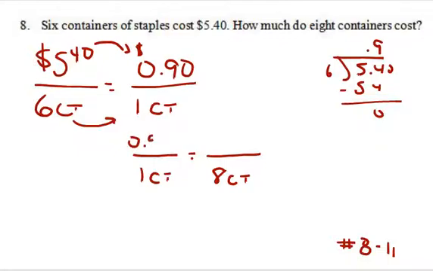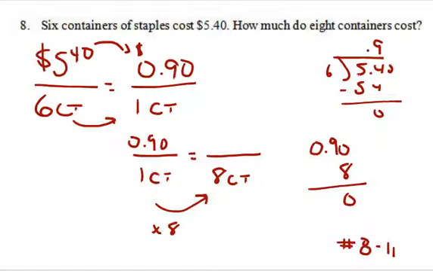So it's 90 cents for 1 container. How much is that for 8 containers? Multiply top and bottom by 8. To the side, 8 times 0.9. 8 times 0, 8 times 9, 72. 2 places to the right, so I'm back 2 places. Oh, it's $7.20 for 8 containers.